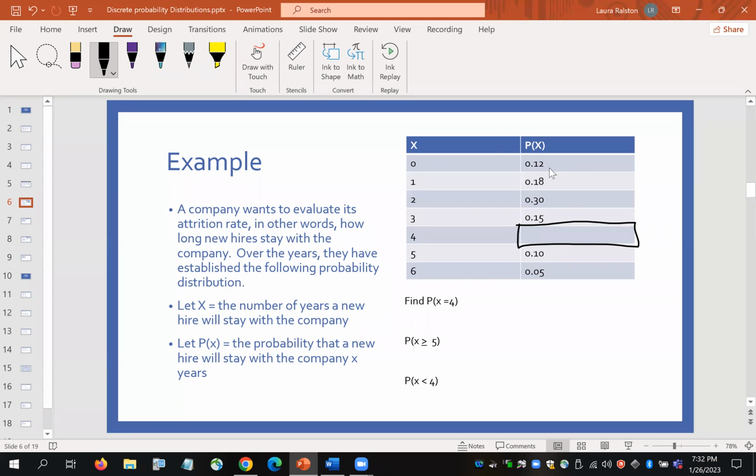But what I do know is that all probabilities have to be between 0 and 1, and the probabilities have to add to 1. So I know if I were to total up these probabilities, it would have to equal 1. If I know that, can I figure out what that empty blank should be?